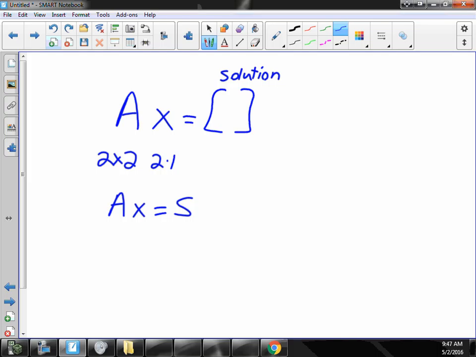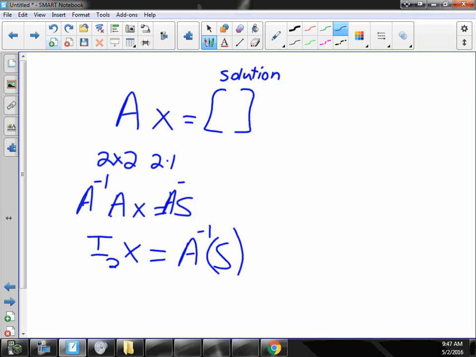So what we end up doing is we multiply by the inverse. And A inverse times A is going to be 1. Well, it's actually I2, which is 1, times X equals A inverse times the solutions. So if I take A inverse and multiply it by those numbers on the other side of the equation, that will tell me what X and Y equal.